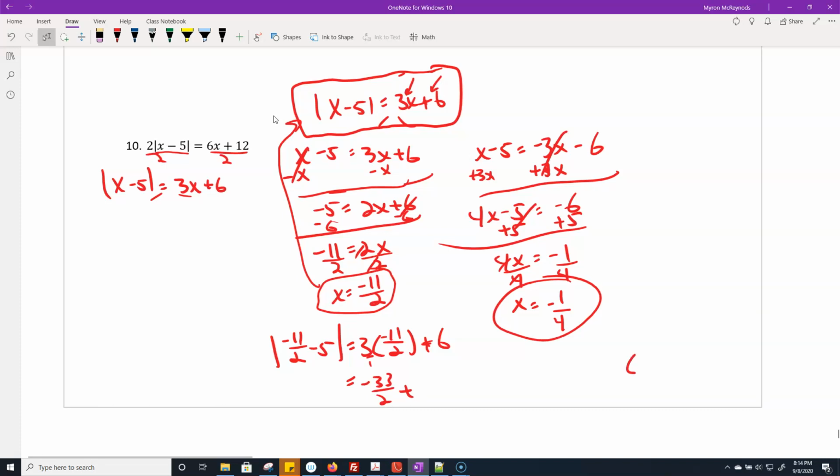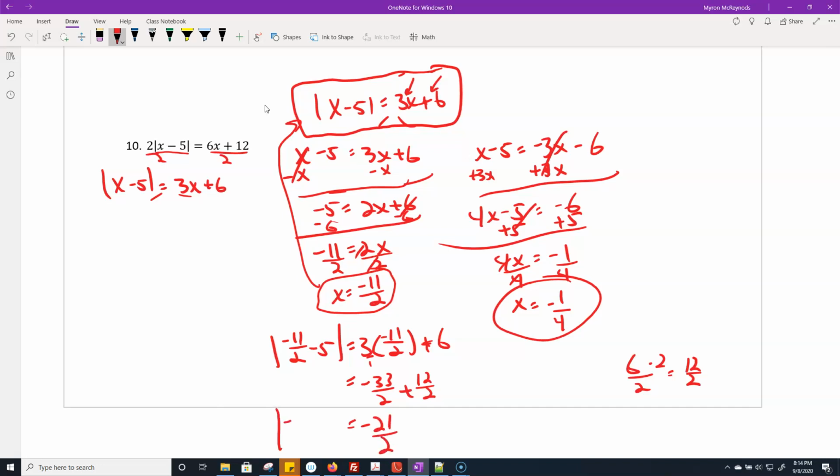So if I take 6 and put a 2 on the bottom, I need to put a 2 on the top, right? So it'd be 12 over 2. So negative 33 over 2 plus 12 over 2 is equal to negative 21 over 2.